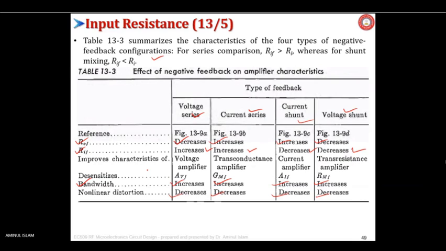So distortion, we have already discussed as an advantage of feedback. One point was there, it improves the linearity, okay? Improves the linearity means non-linearity distortion is decreased. Could you understand? Pratham, Aman? Yes, sir. Yes, sir.